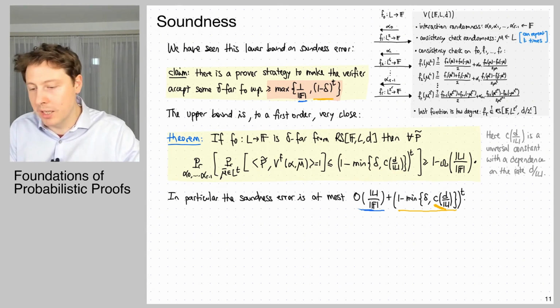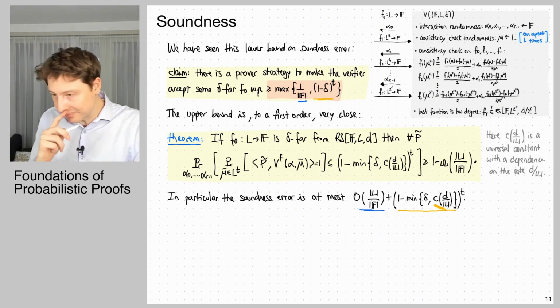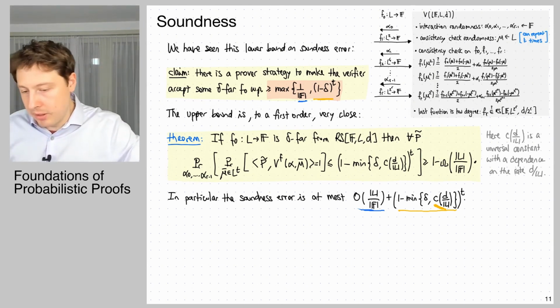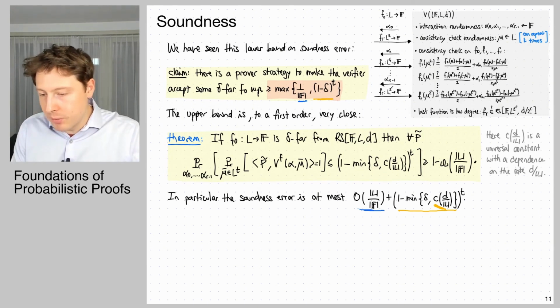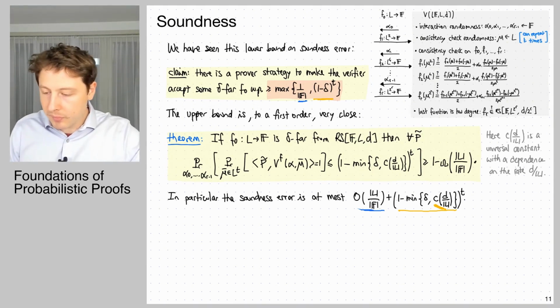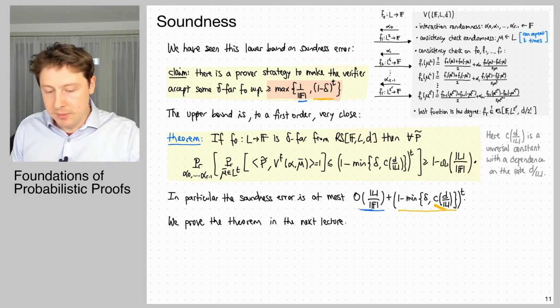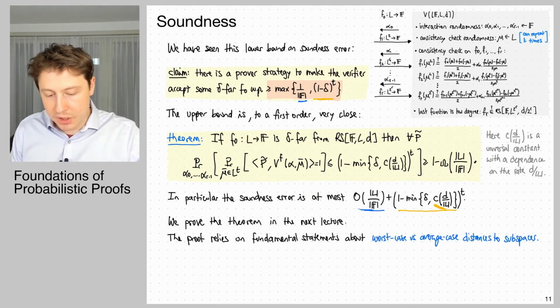And of course, you're welcome to do more and more consistency checks to drive this down without repeating the interaction. This constant right now doesn't matter, all that matters is that it's a constant for now. And we'll prove the theorem in the next lecture.